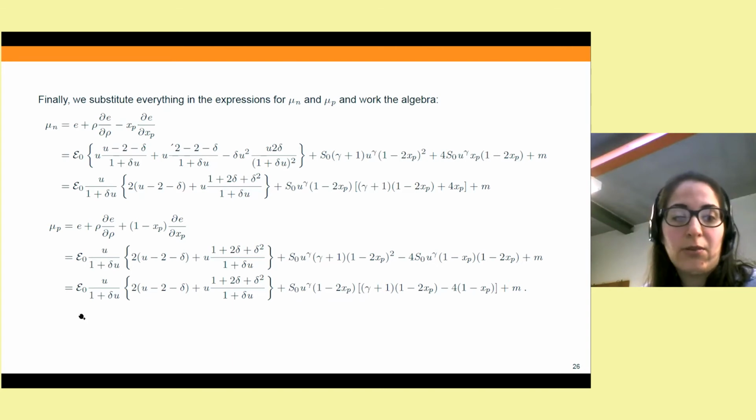So you can ask, what is the difference between the neutron chemical potential and the proton chemical potential? This we will need later.